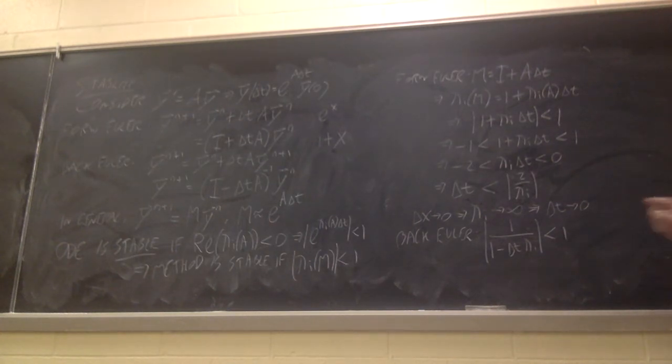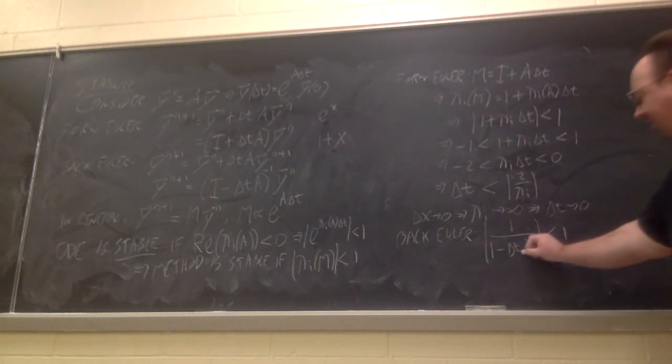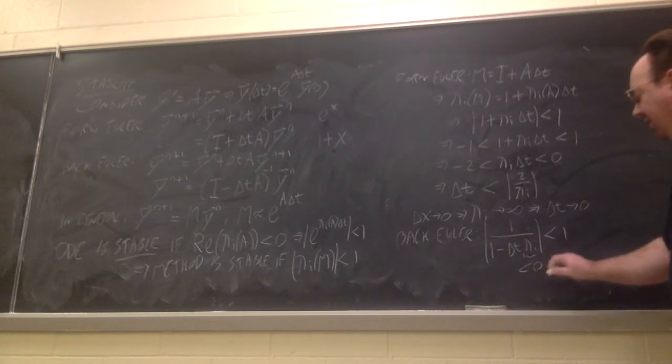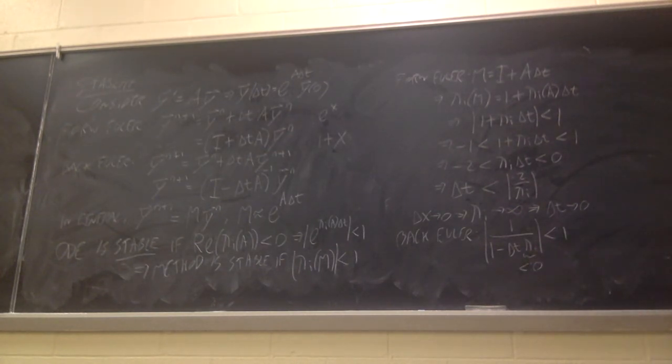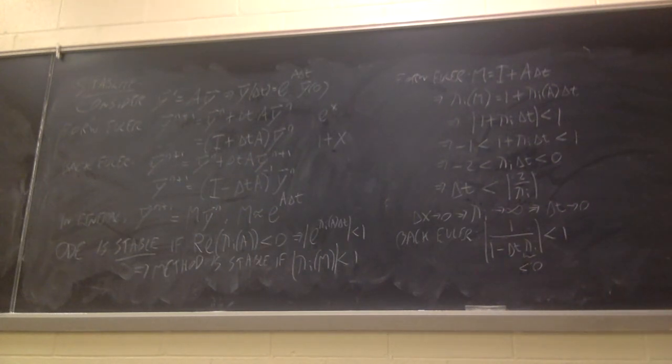But here's the kicker. Lambda is negative, or at least has a negative real part. So if it's negative and we subtract it, we have a larger denominator.